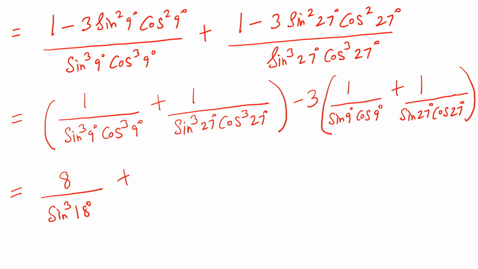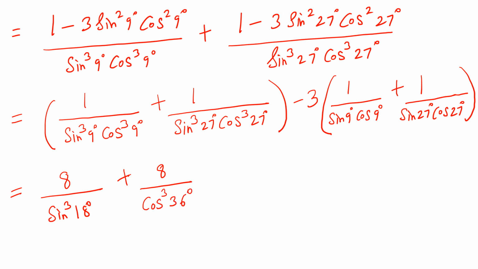And similarly, 1 upon sine cube 27 degree into cos cube 27 degree becomes 8 upon sine cube 54 degree. And we know that sine theta is equal to cos (90 minus theta). So sine cube 54 degree can be written as cos cube 36 degree.